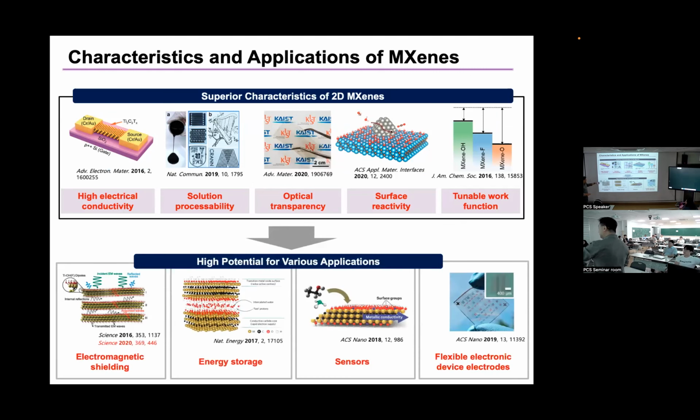So it shows very high performance in various applications like electromagnetic shielding, energy storage, sensors, and flexible electronic devices. In this talk, I want to show that MXene can be used as plasmonic materials or photonic materials by using the high electron density in this 2D MXene structure.